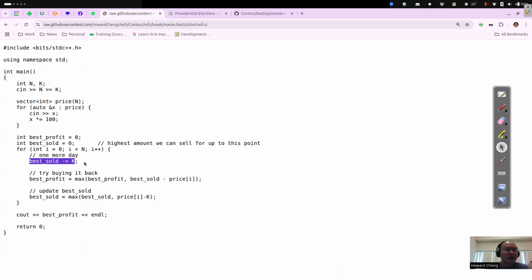So every day, I lose K more dollars for paying interest. Then I try to buy it back. I don't even care if buying it back makes me profit. If this is negative, then because I set the best profit to be 0, I would not have updated my max.